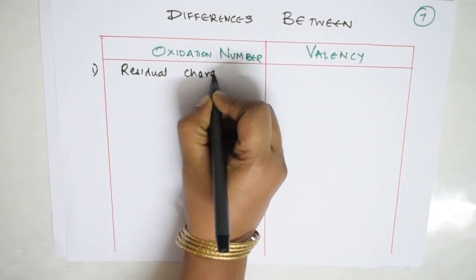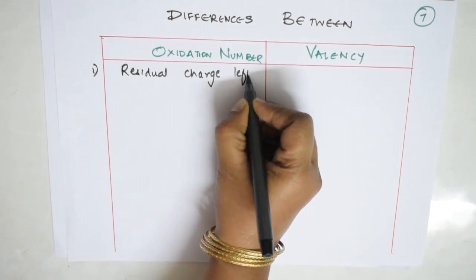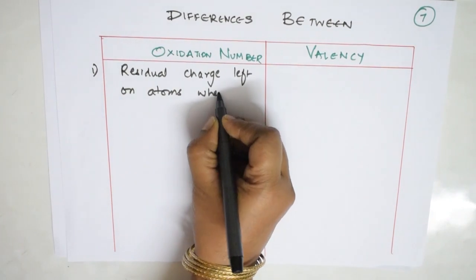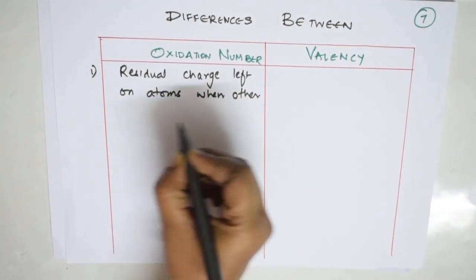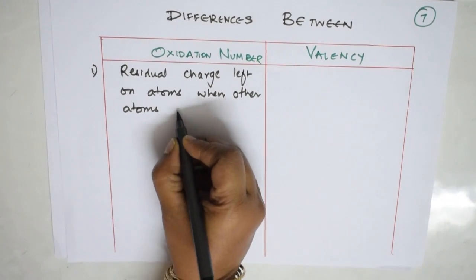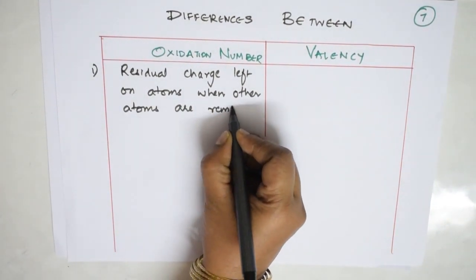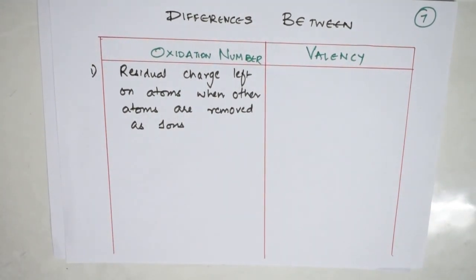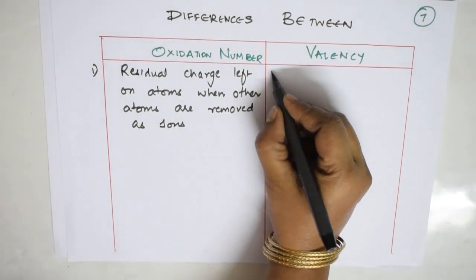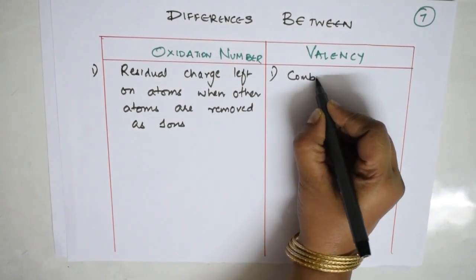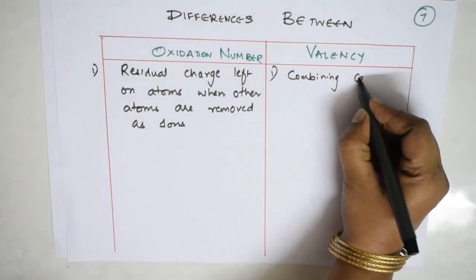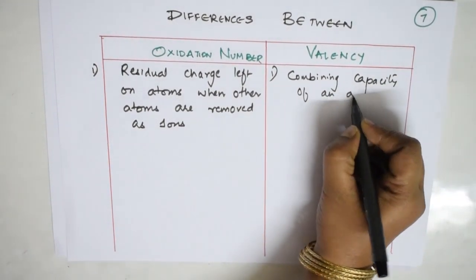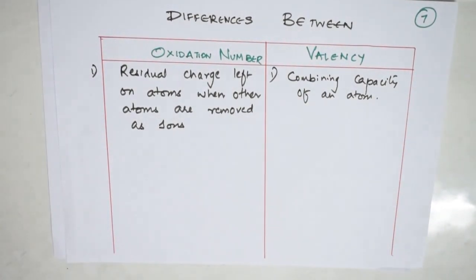Oxidation number is nothing but the residual charge left on an atom when other atoms are removed as ions. Remember, so that is oxidation number. But valency is what? Valency is nothing but combining capacity, the combining capacity of an atom. So this is the definition.